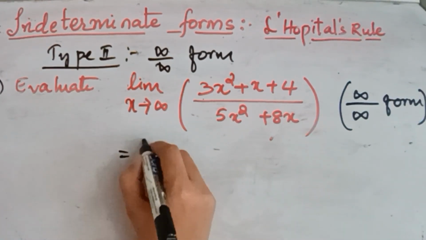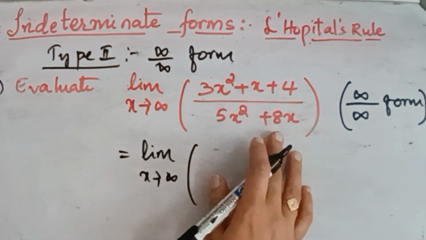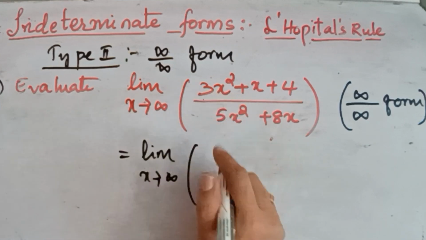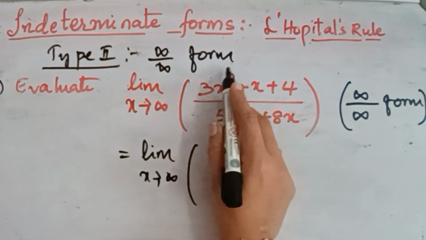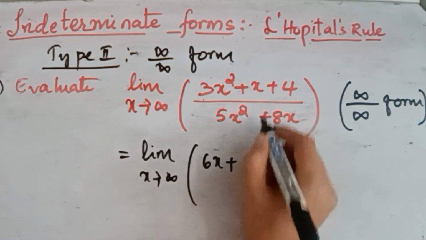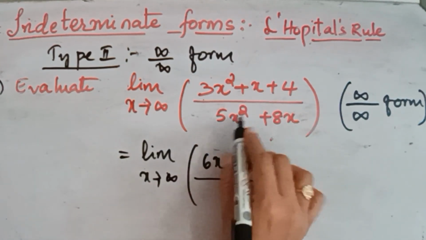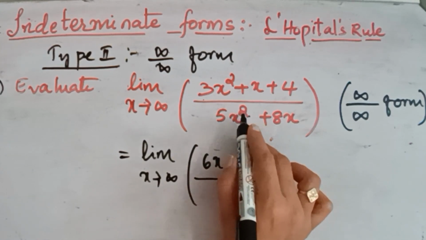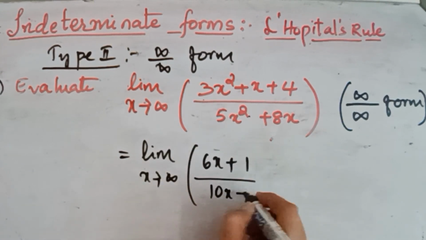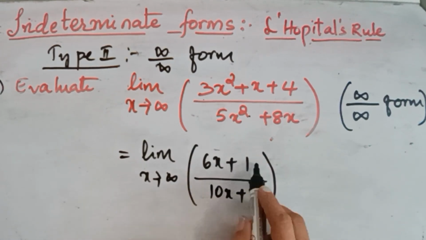Hence you have to apply L'Hopital's rule, that is, differentiating numerator and denominator separately. The derivative of 3x square is 6x, plus the derivative of x is 1, the derivative of 4 is 0, divided by 5x square, the derivative is 10x plus 8.